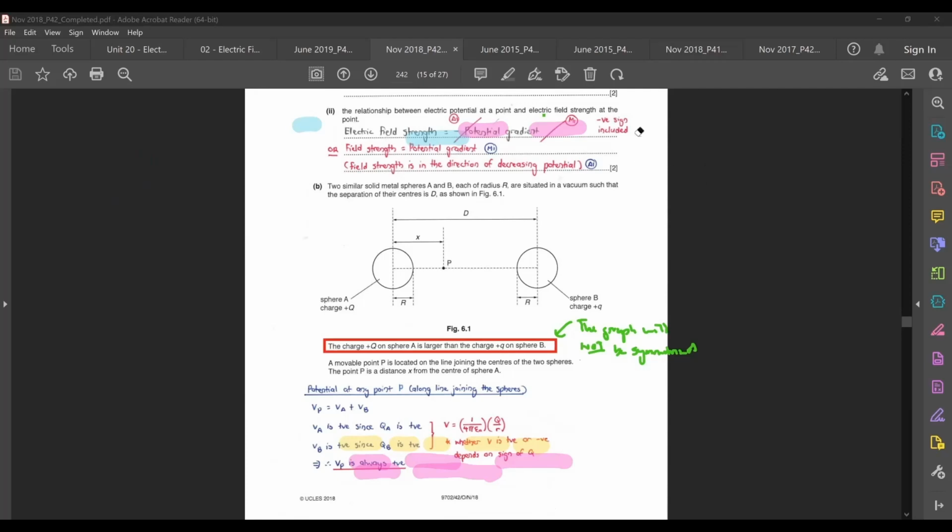So based on what we learned already, what is the equation that tells me the potential at P, knowing that sphere A is positive and sphere B is also positive? We've done this many times before. Potential due to A is going to be positive because sphere A is positive. Potential due to B is also going to be positive because sphere B is positive. Therefore, VP is equal to VA plus VB.